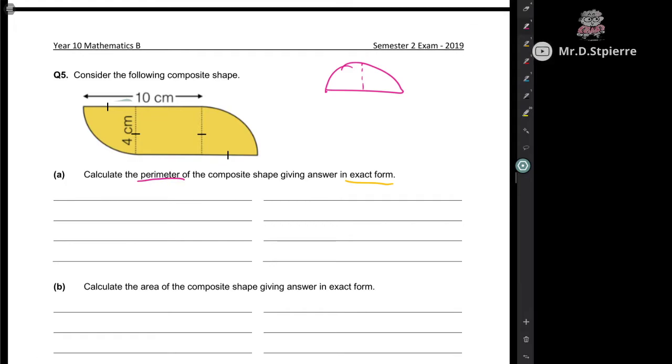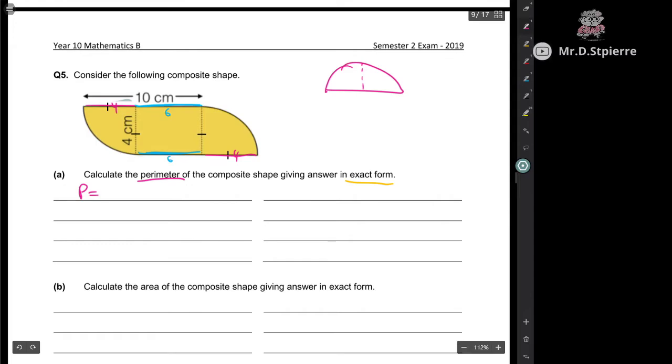So straight away we can see that that's 4, so that's 4 over there, that's 4 there. Okay, so I'm going to have those two bits. What does that leave this length here in blue? Well, if that's 4 there, that must mean that's 6, so we can add them together.